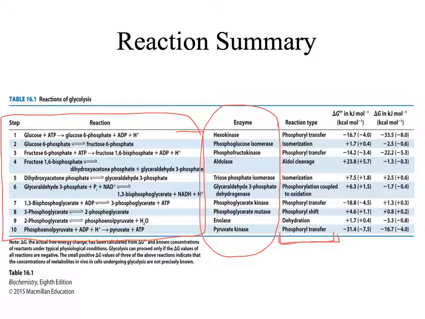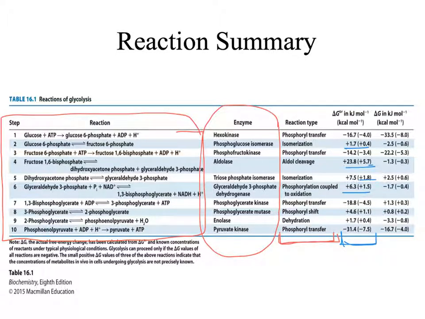And you can see which processes are going to be energetically favorable versus which steps would be not favorable. And so you could see where you might need to have some coupling of reactions. So overall, the process is favorable. But we do have some reactions in here that have positive values.